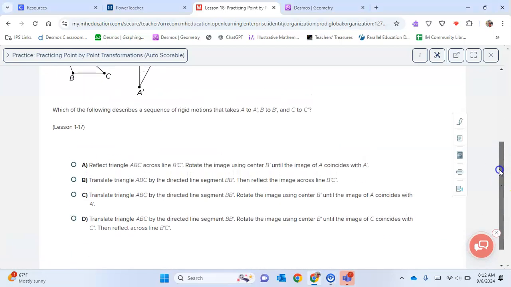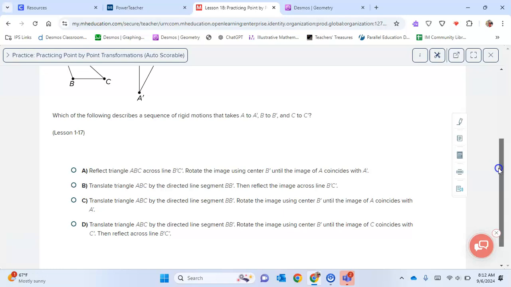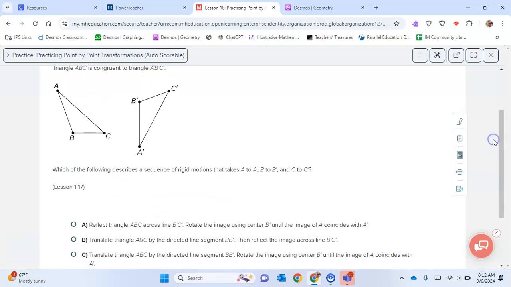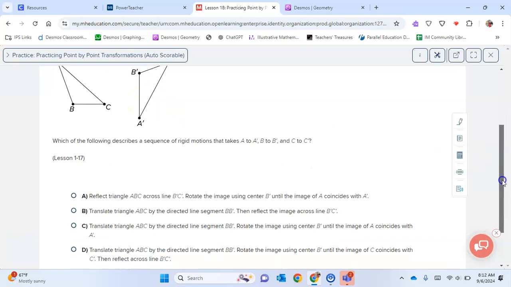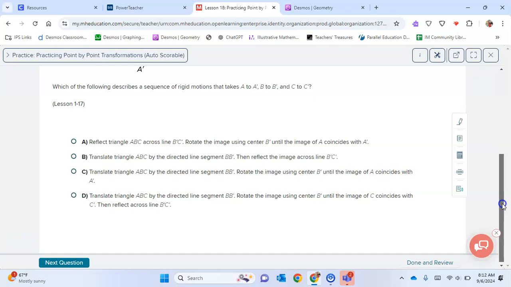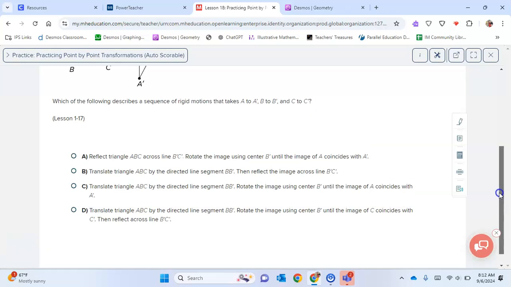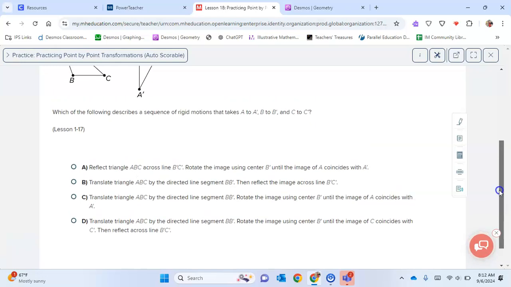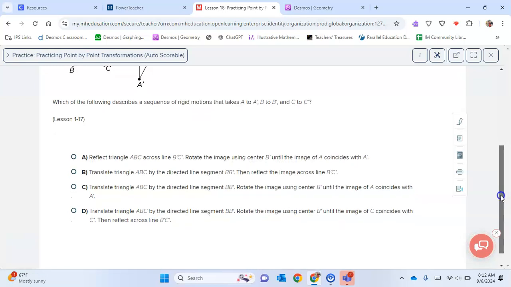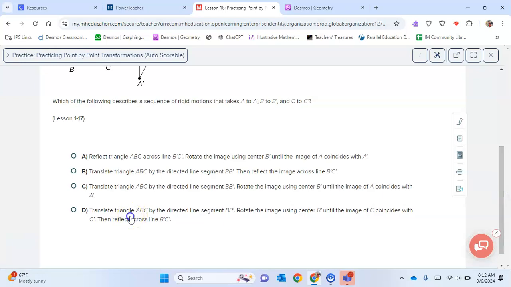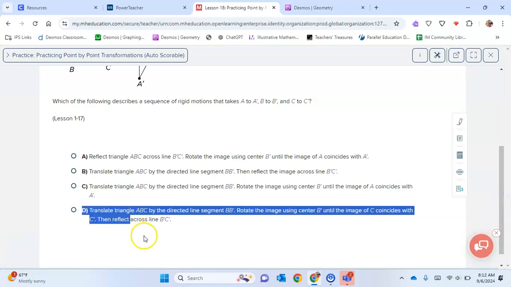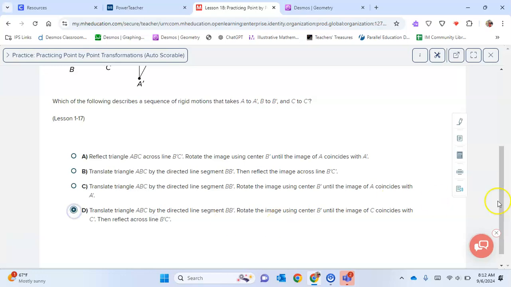So translate triangle ABC by the directed line segment B to B prime. So you're going to move this point to this point. Rotate the image using center B until the image of C coincides with C prime, then reflect across line B prime, C prime.